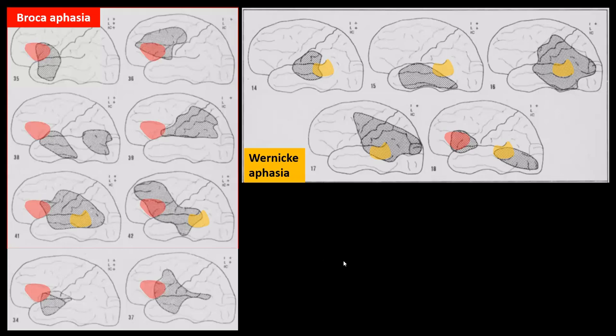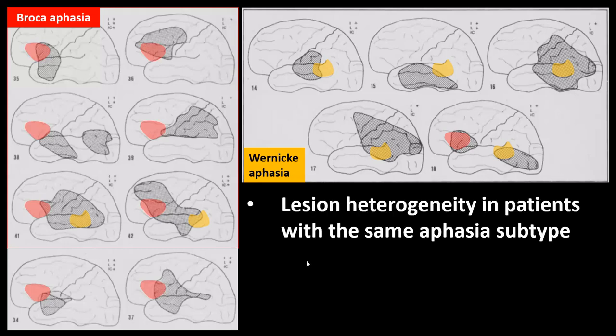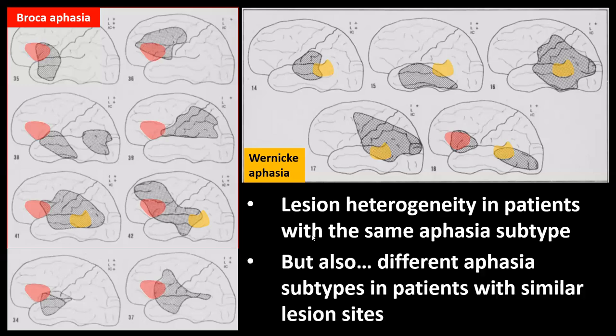What can we conclude? Well, I think we can only conclude that the classical model is not completely correct, because if it was correct, this should not be possible. So we have, on the one hand, very heterogeneous lesions in patients with the same aphasia subtype. And this is kind of to be expected, because these patients have strokes, and strokes will have vascular patterns, but these will vary tremendously between patients.